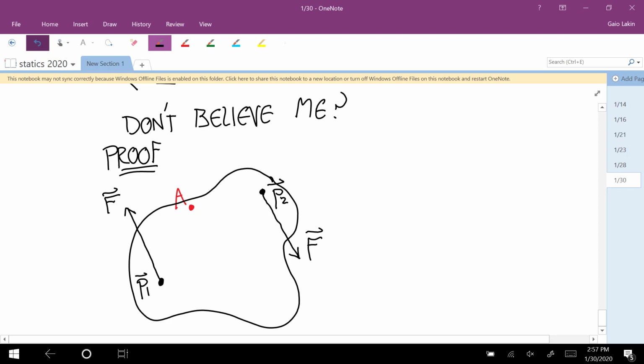And just to be careful with the notation, those magnitudes are the same, but if you're representing this in components, that vector I'm going to call negative F. Okay.